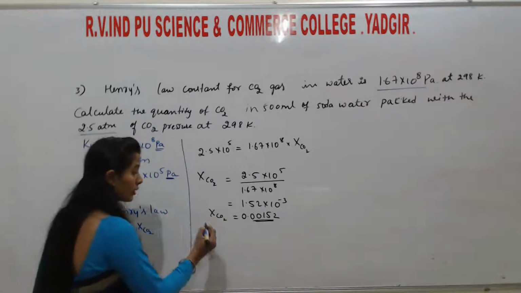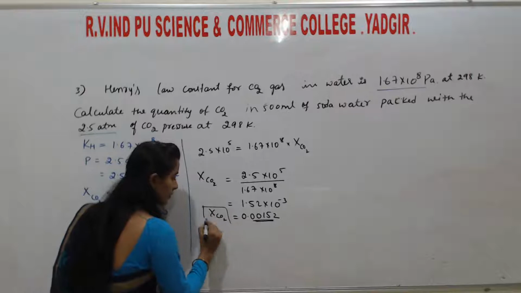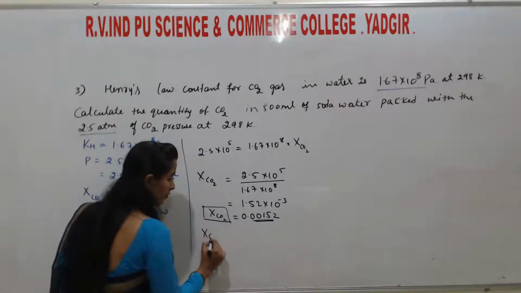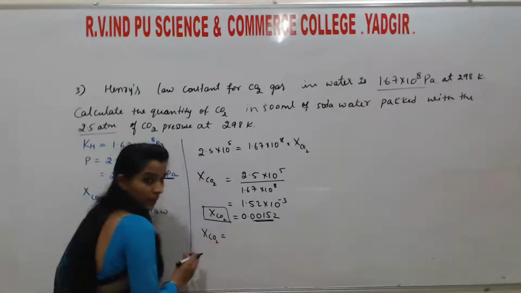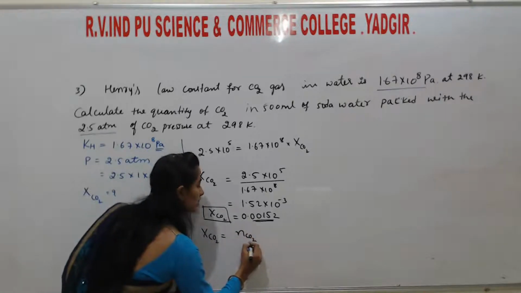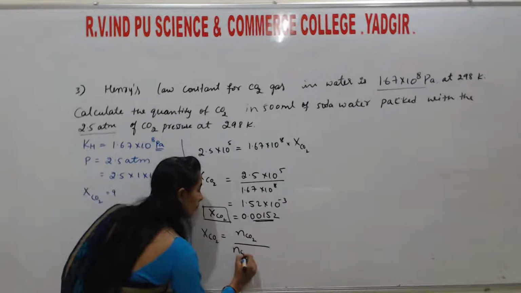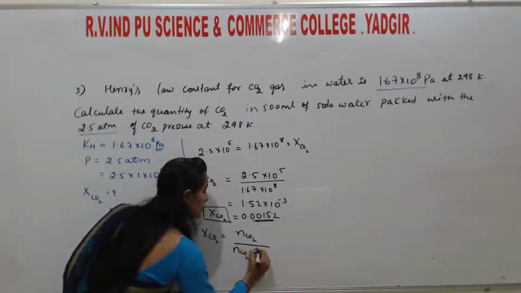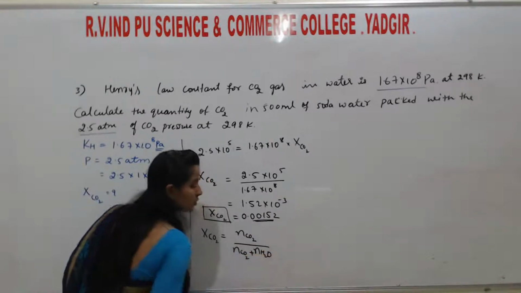Students, what is the formula for X of CO2? The mole fraction of CO2 is equal to number of moles of CO2 divided by number of moles of CO2 plus number of moles of H2O.